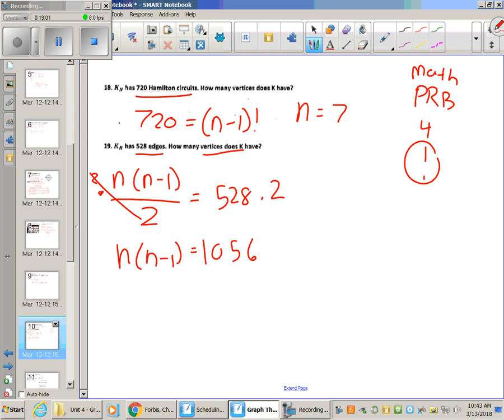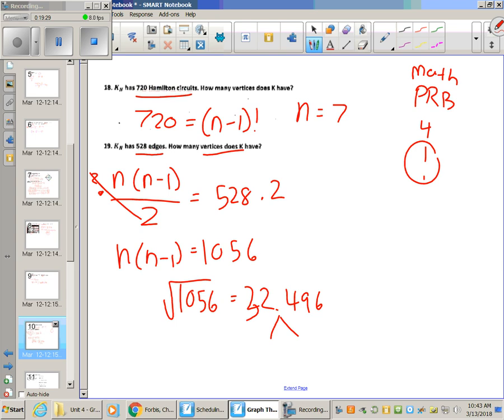From here is where we use the argument about geometric mean. We have a number times a number 1 less than that. Remember that if I take the square root of that product, the answer I get is a decimal in between the two numbers. So you take the square root of 1056, which is 32.496.